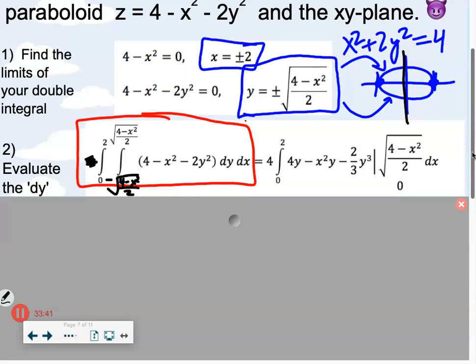So if I just wanted my x's to go from 0 to 2, just do this guy, then I would double it, right? But instead, I not only did my x's, but I also did the y's. So on our picture, what I'm really doing is just doing this guy right here. So then I got to do it times 4. So that's where the 4 comes from. It's from me trying to make my life easier, because it's a lot easier to plug in a 0 than it is to plug in -2 minus 1 half x squared under a square root.